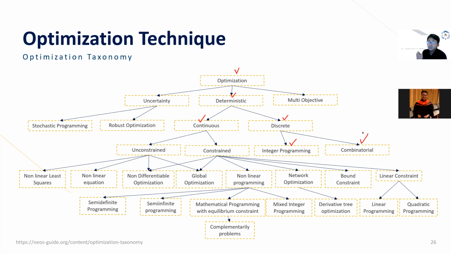For example, a routing problem is a combinatorial optimization problem, because when you have 10 cities, the sequence of visiting city one until 10 can be represented as a combinatorial one. For example, 1, 2, 3, and then you will not visit 2 again, so 4, 5, so it's a combinatorial type. And for continuous, you will have the one that is unconstrained, so sometimes it's only an objective function, or a constrained one. Okay.